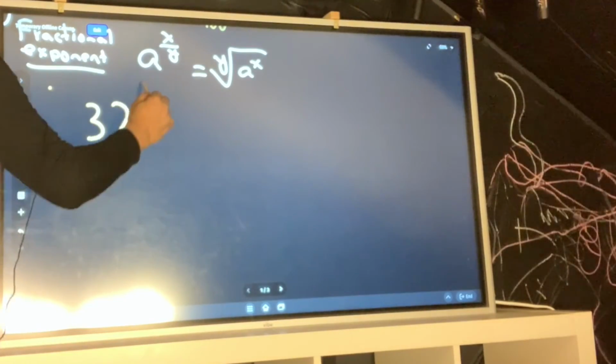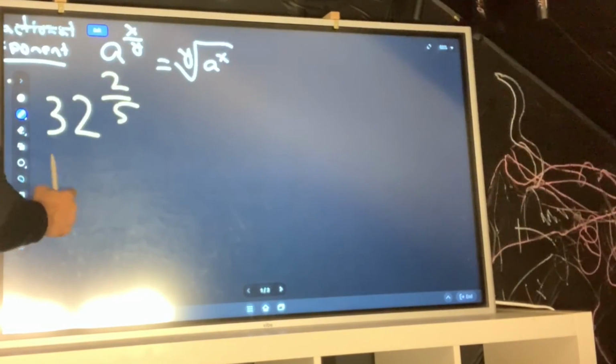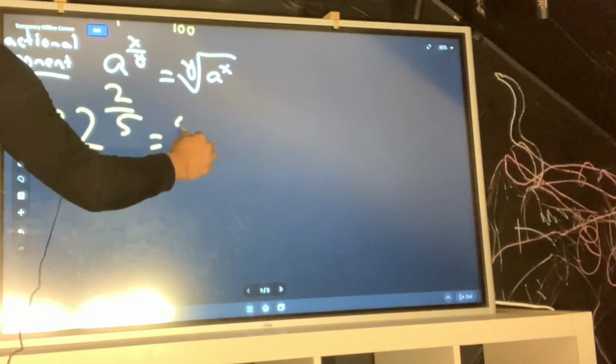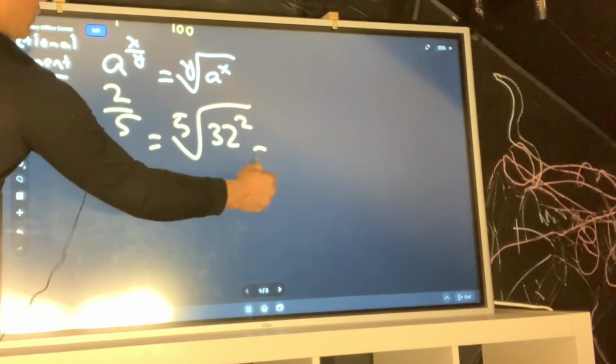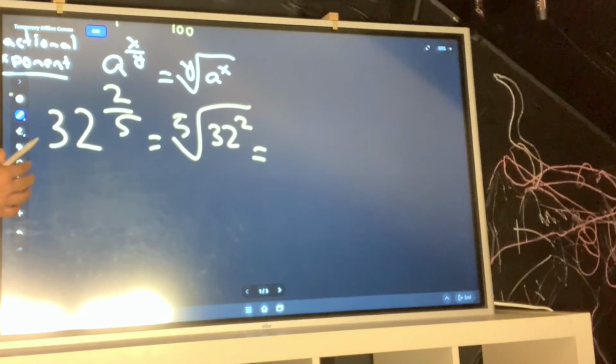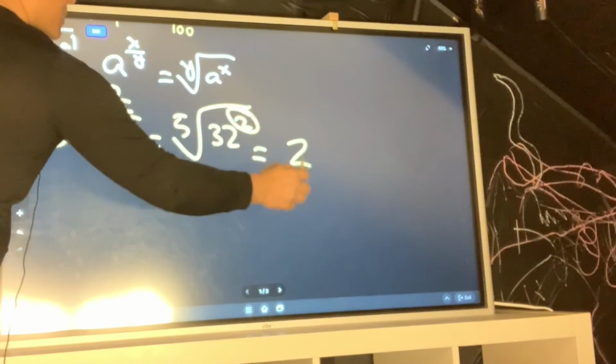Take 32^(2/5). That can be rewritten as the 5th root of 32 squared. Do you know any number that you multiply 5 times and get 32? Well, it's 2.